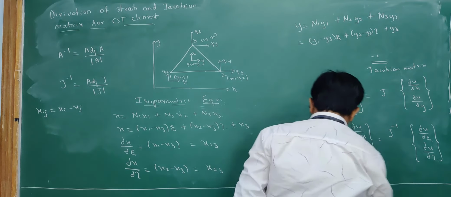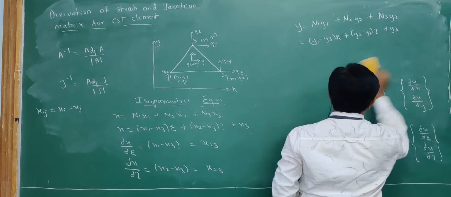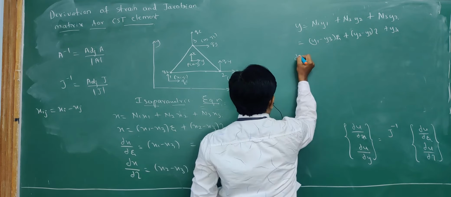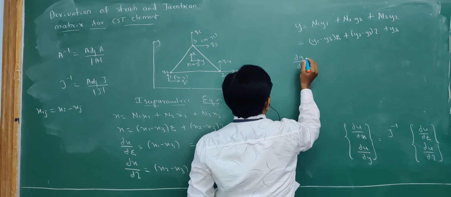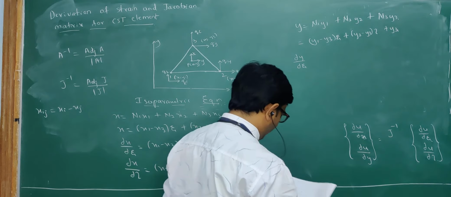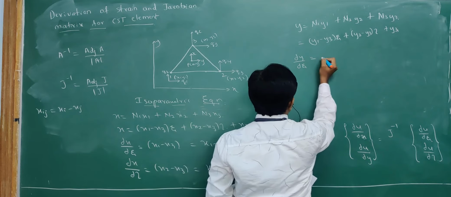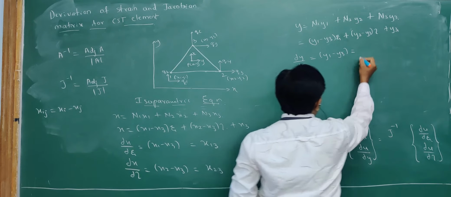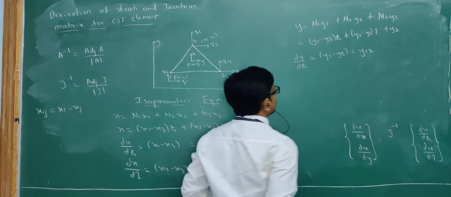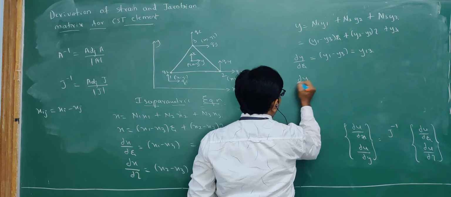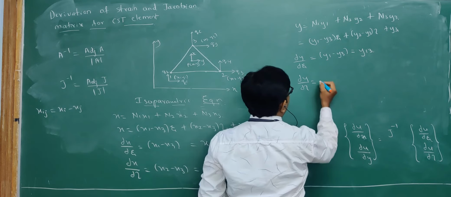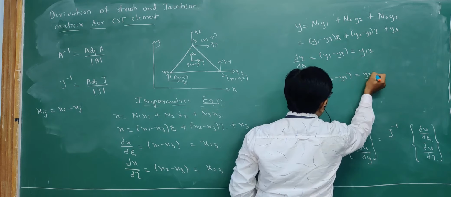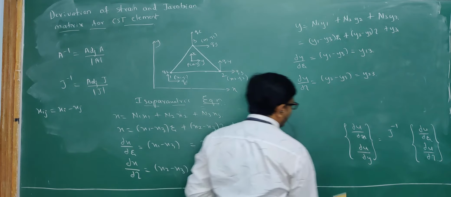From the Jacobian matrix, what we require is the value of ∂y/∂ζ. When you do ∂y/∂ζ, you will be getting y1 minus y3, which is equal to y13. Similarly, if you do ∂y/∂η, you will be getting y2 minus y3, which is y23.